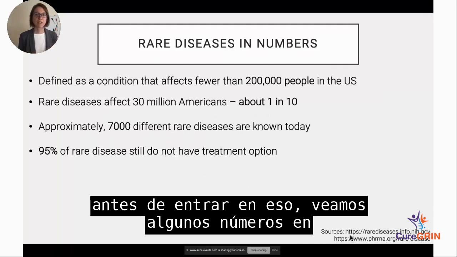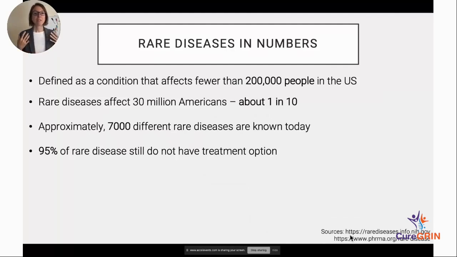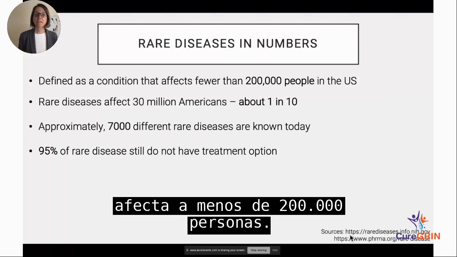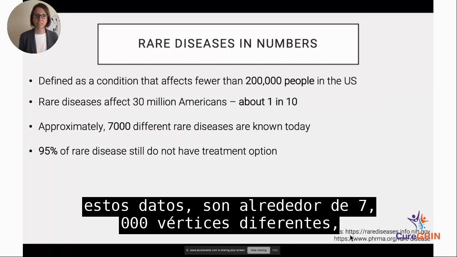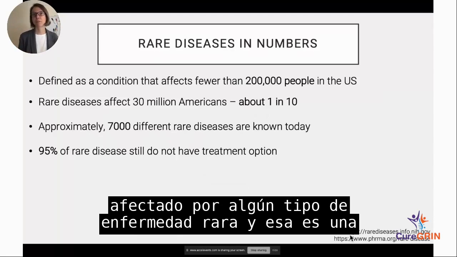Before going to that, let's see some numbers in rare disease. In the United States, we define a rare disease when it affects fewer than 200,000 people. However, if we put together all the rare diseases that we know to this day, around 7,000 different rare diseases, we will understand that 1 in 10 Americans are affected by some kind of rare disease.